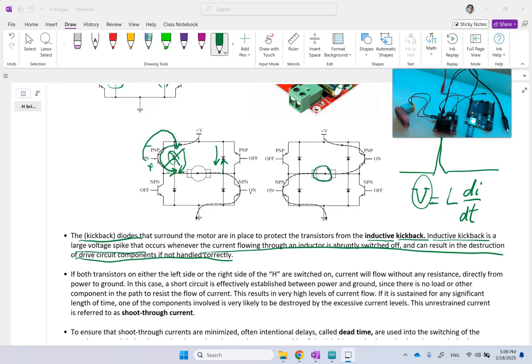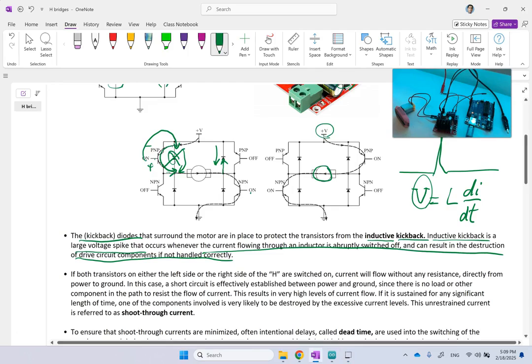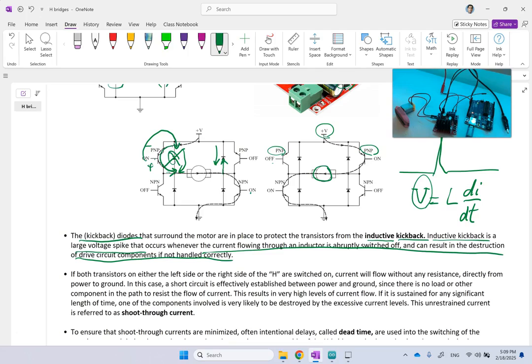But just know that on the high side connected to the high voltage, we use PNPs, and PNPs turn on when they get a low voltage. And on the low side, we use NPNs, and NPNs will turn on when they get a high voltage on their base, okay?